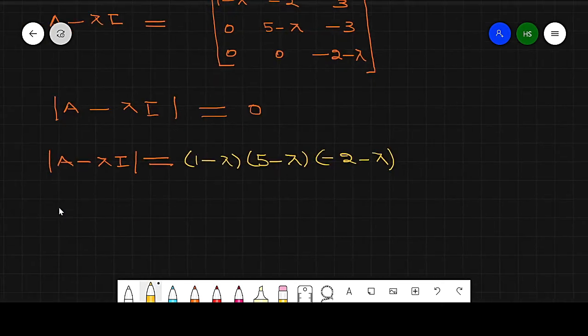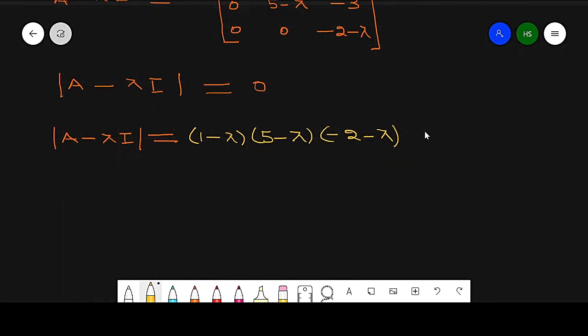Now when this equation becomes equal to 0, it has roots 1, -2 and 5. It means the roots are distinct, so the minimal polynomial will be the characteristic polynomial itself. So first simplify this equation.